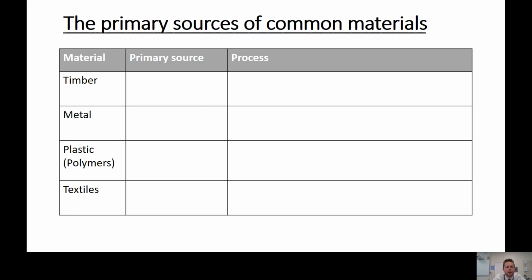We're going to briefly look at the process of how we turn that raw material into a workable material that we can make products with. As we go through the slides in the video, I'd like you to take notes in the relevant boxes. Okay, so let's start.